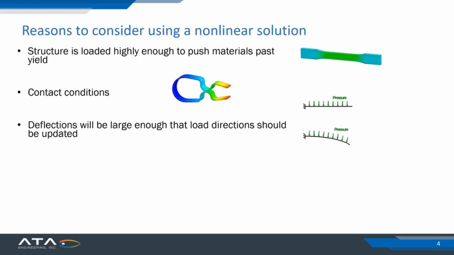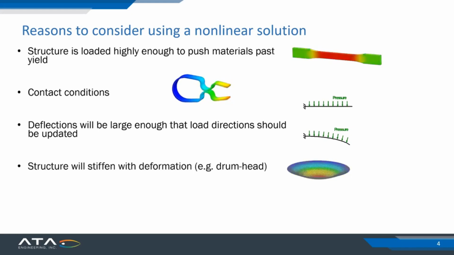Additionally, if you have a model which is going to be deforming significantly enough that the directions of your applied loads need to be updated, that is a situation where you're going to need a nonlinear solution.